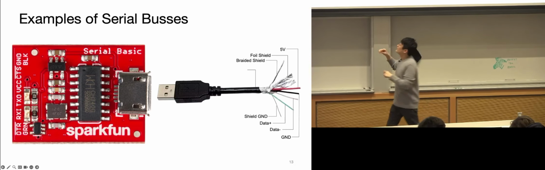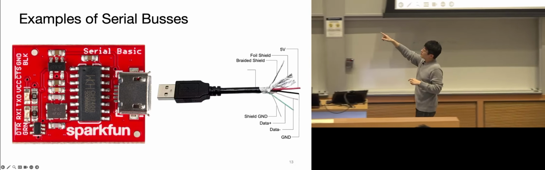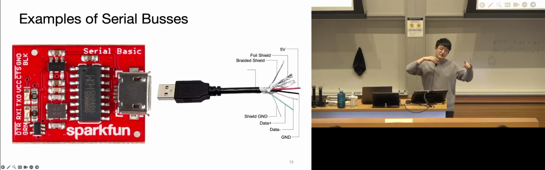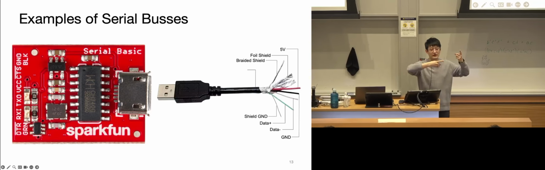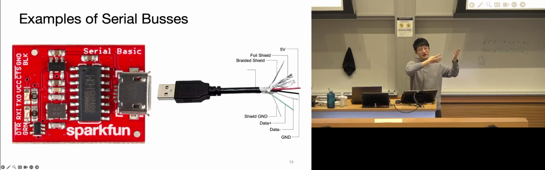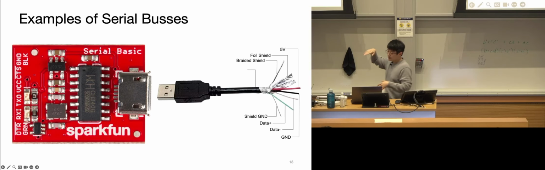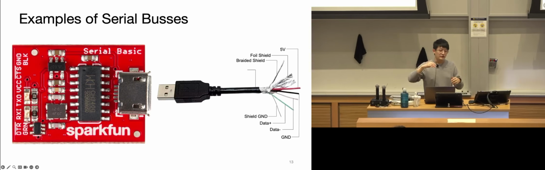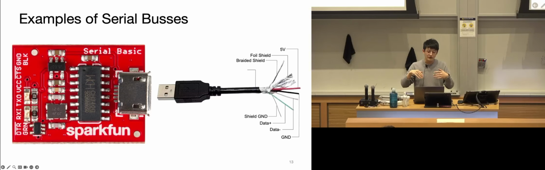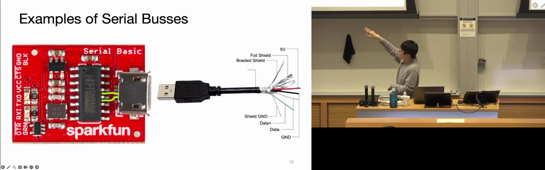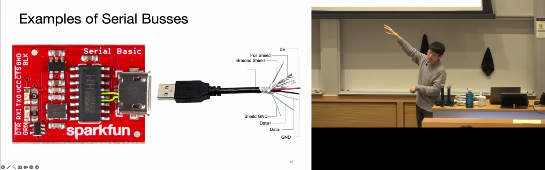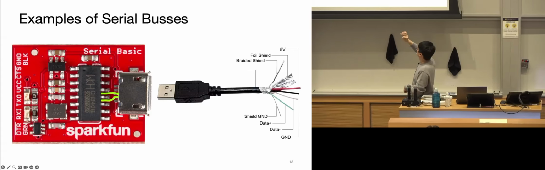On the receiving side, the female connector reads the difference between the two values: the positive data value minus the negative data value, to boost the signal and make it more robust to environmental noise. Those two wires are the ones that actually do the data transmission.